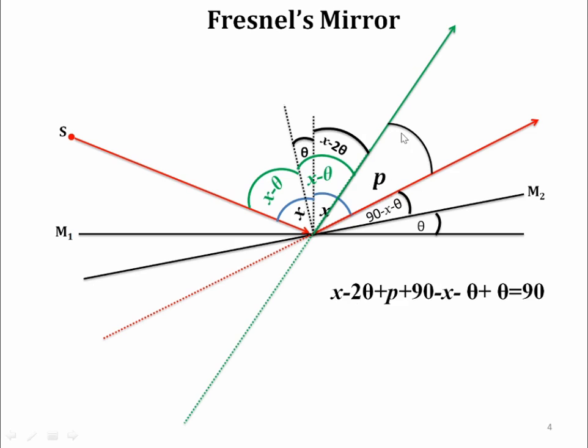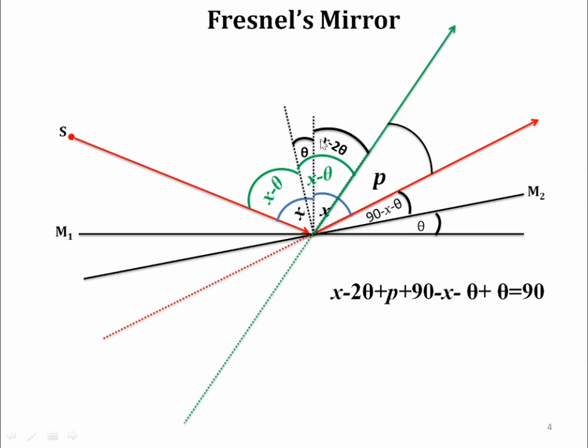Let us focus on this quadrant. What will be the situation? It's x minus 2 theta, plus P, plus 90 degrees minus theta, plus 90 degrees minus (x minus theta), which we already obtained earlier, plus theta. This total angle is nothing but 90 degrees, because this is perpendicular to this.